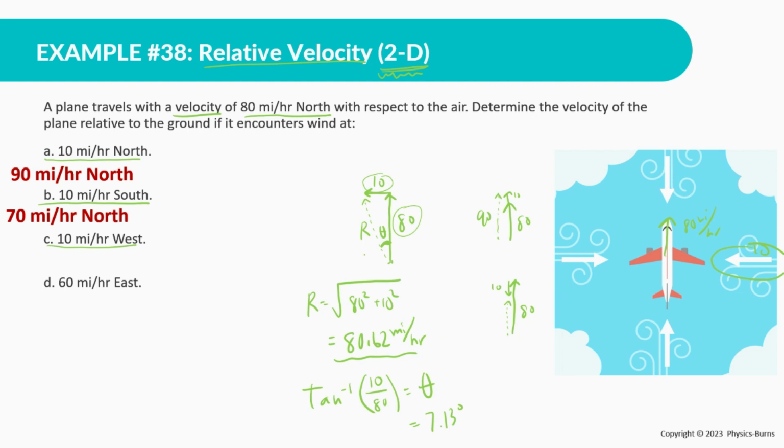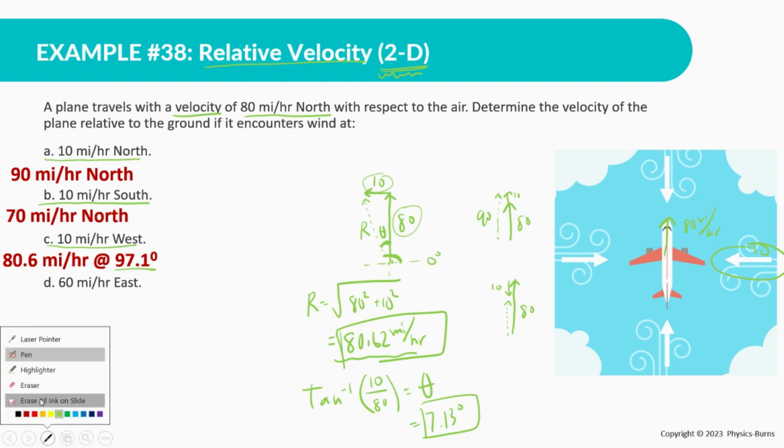But remember, the angle is starting from this 0 point right here. So if we know this part over here is 90, and then if that theta is 7.13, it's going to be 97.13. Okay, so we have the speed as 80.62 miles an hour, and then 97.13.